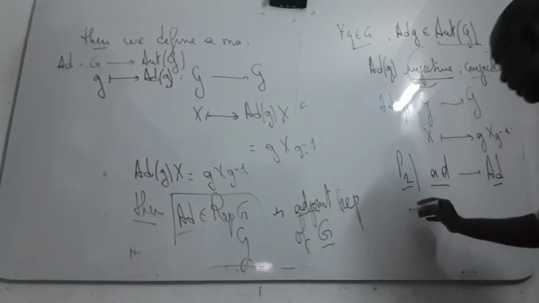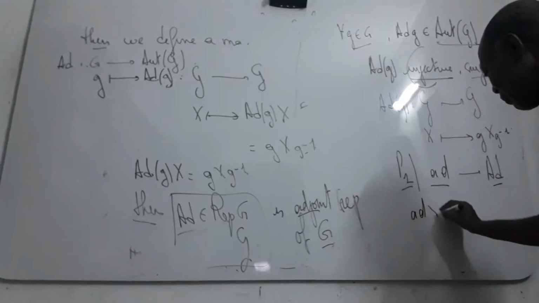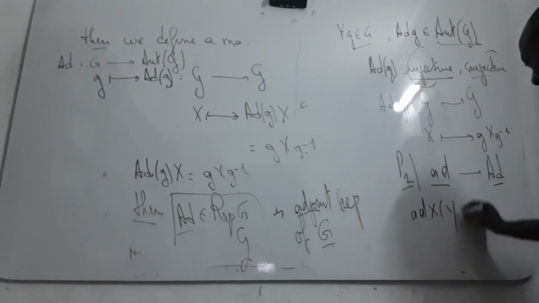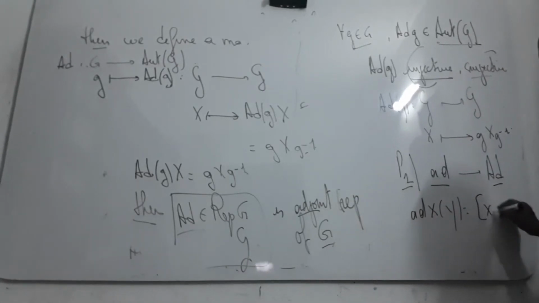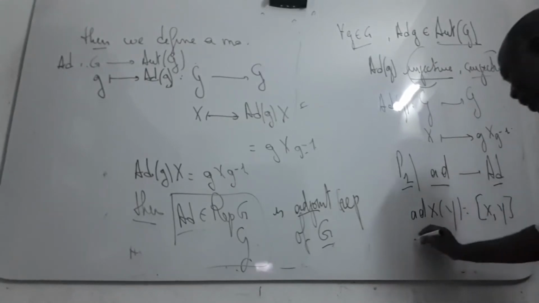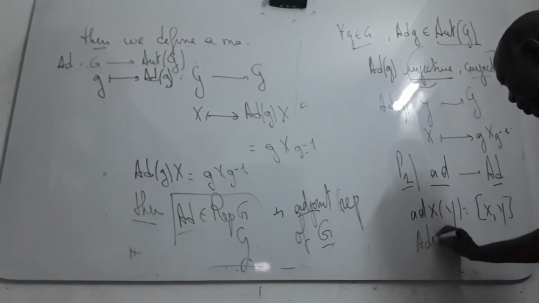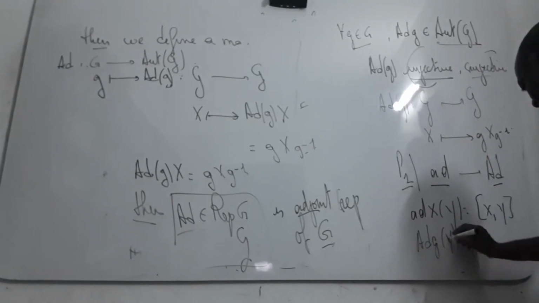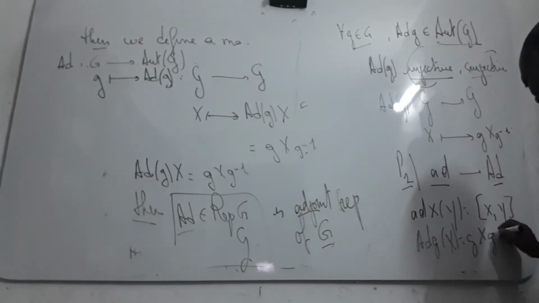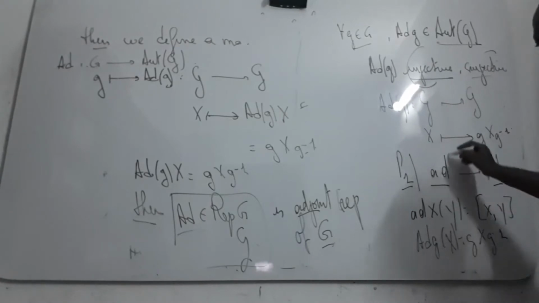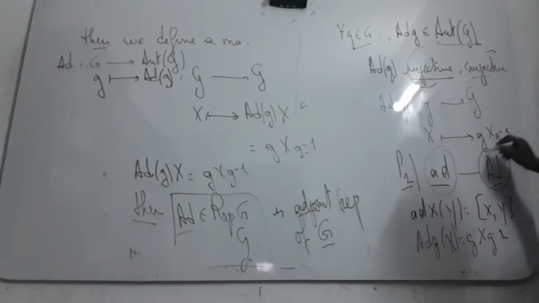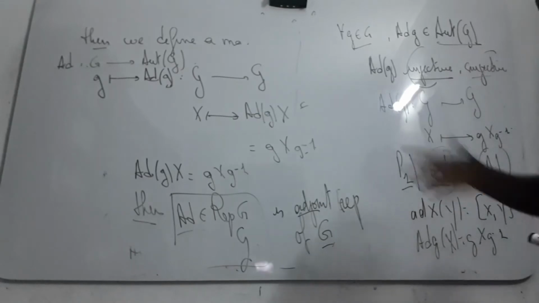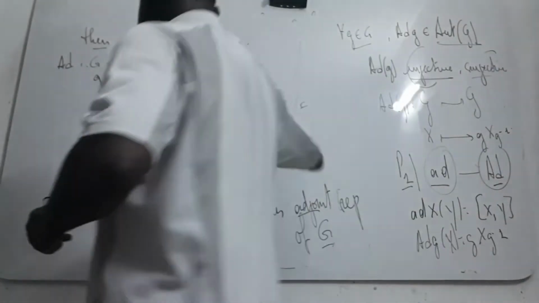I remind you that AD of X for Y is just the bracket, and AD of G of Y is G Y G minus 1. Now, what relationship can we get between the two? This I would like to tell you.